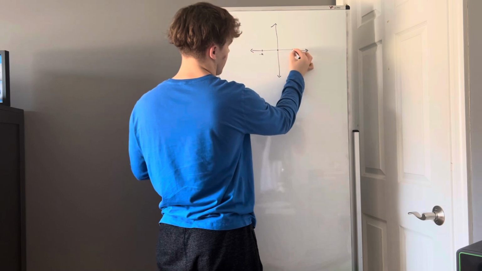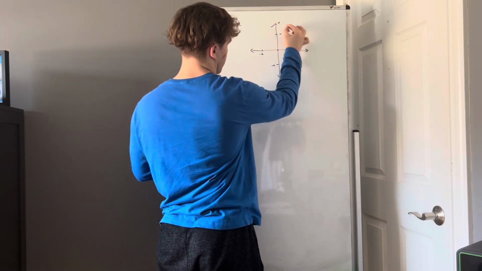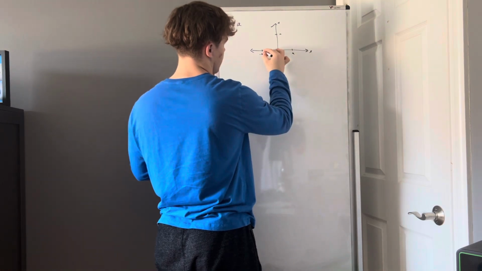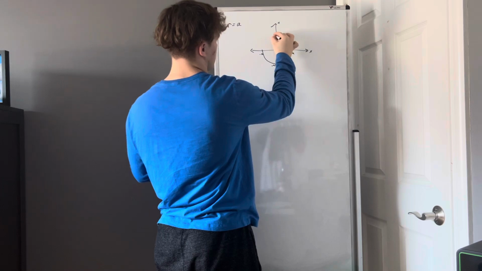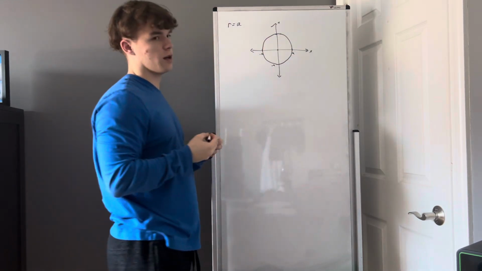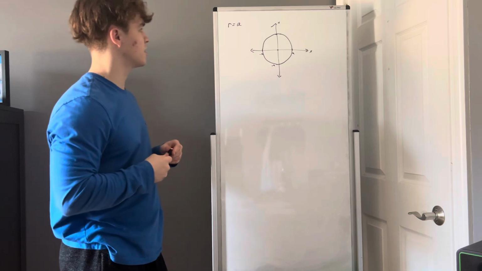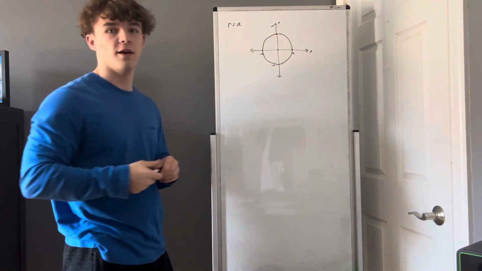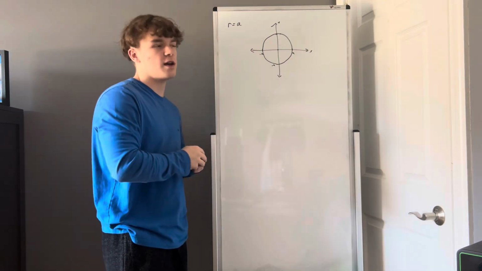We find our negative A, our A. Don't forget your x's and y's. And we're just going to get a circle going around, touching all A's. I apologize for the change in color, guys. The sun is being very weird today. But yeah, circle of radius A, centered at the origin.